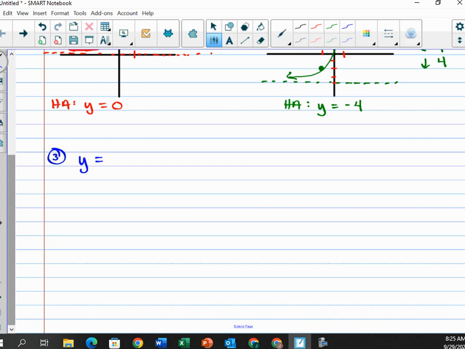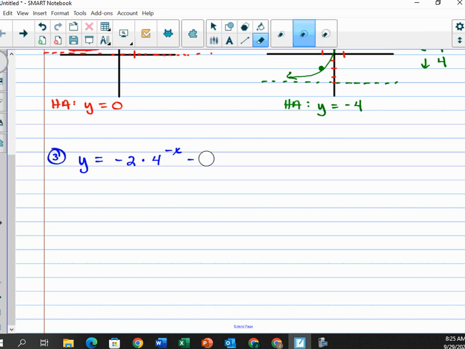Let's do -2 times 4 to the -x, and then outside of that, -2, -3. Otherwise, we have too many 2's.